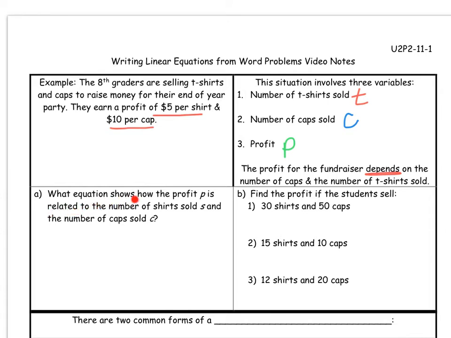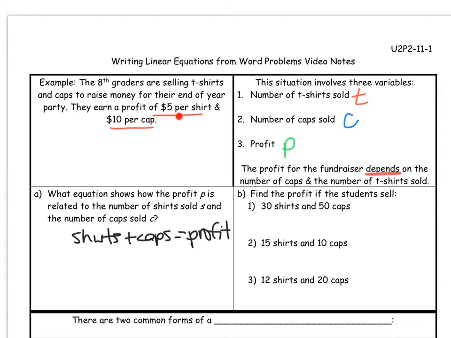So what equation shows how the profit P is related to the number of shirts sold, S, and the number of caps sold? If we add up the number of shirts sold plus the number of caps sold, that'll give us our profit. But we don't want to write the word problem in words, we want to use variables.